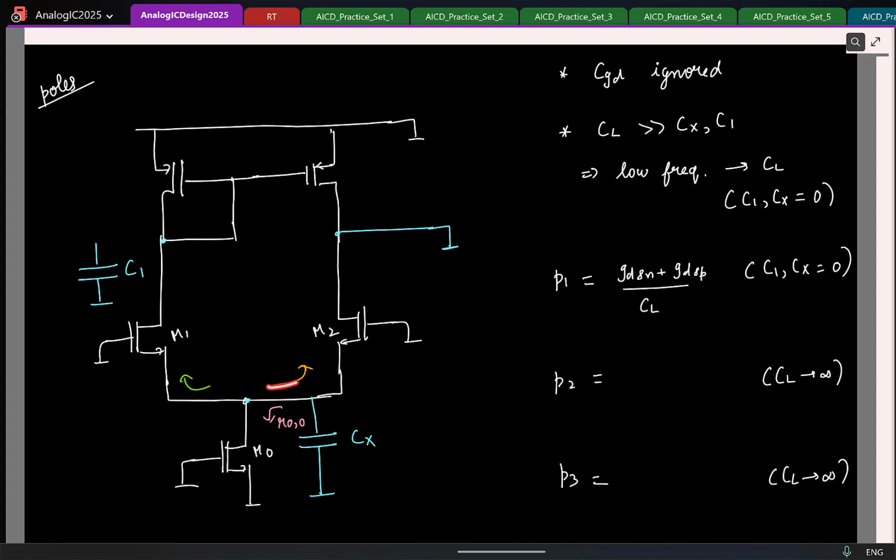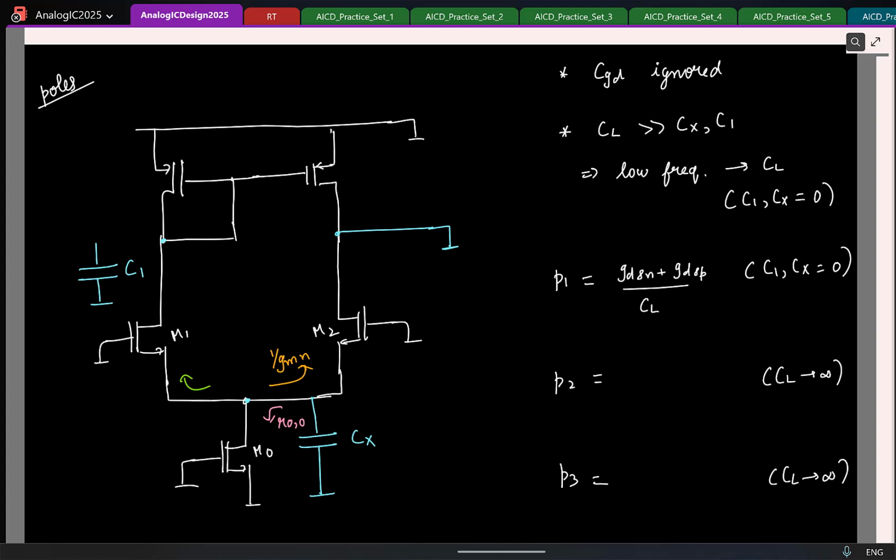And what is the resistance looking to the right side, the one I have marked here? Remember, I am looking into the source of this transistor M2 and the drain is small signal ground. So the resistance looking there is how much? I'll say 1 by Gm of NMOS. I don't want to give numbers here. Is that okay?